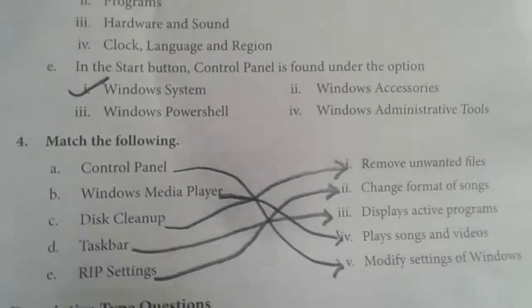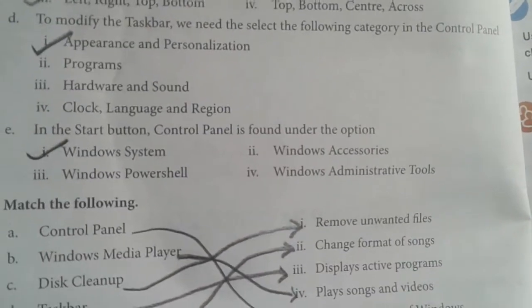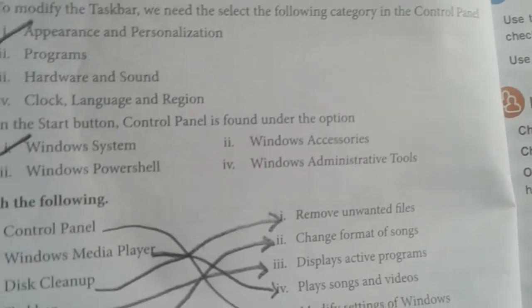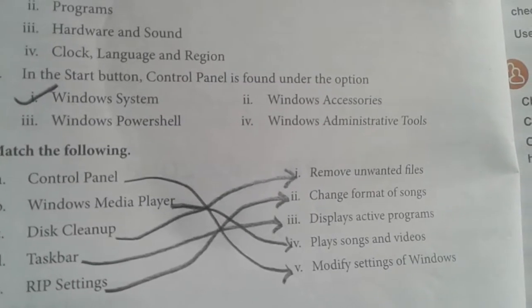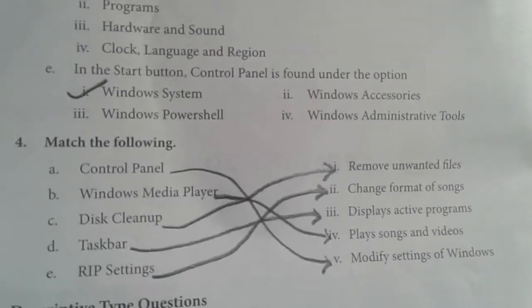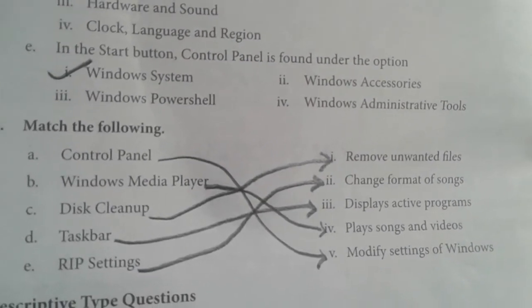Right? So that's all for today's class. I hope all of you understand. If you have any problem, please call me back so that I can clarify. Right? My mobile number, all of you know that. After completing your work, send it to me on my personal WhatsApp number.